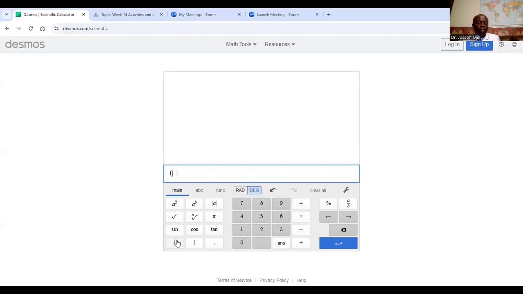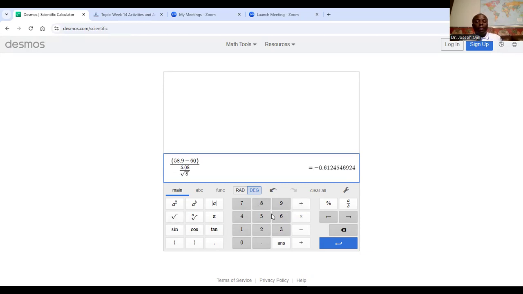Let's put this in the calculator. We have 58.9 minus 60, divided by 5.08, over the square root of 8.